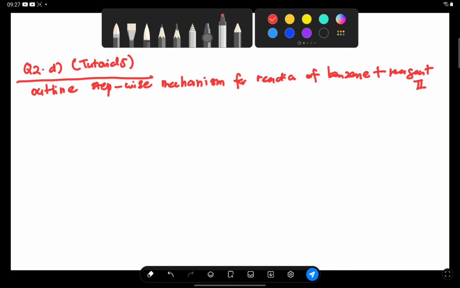To show the stepwise mechanism, okay, you have here method 1. So let's say we first write down the general equation or general reaction.